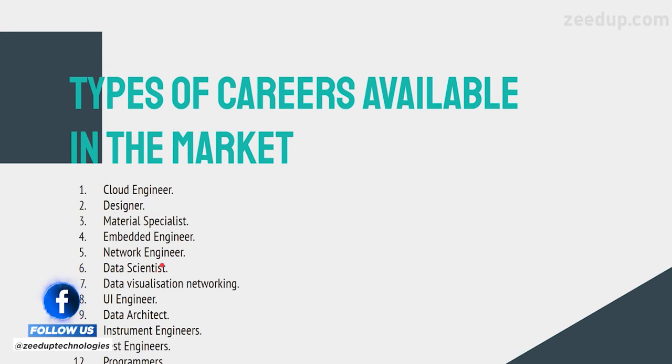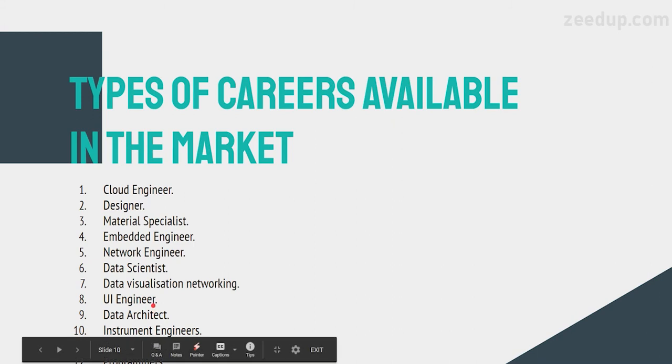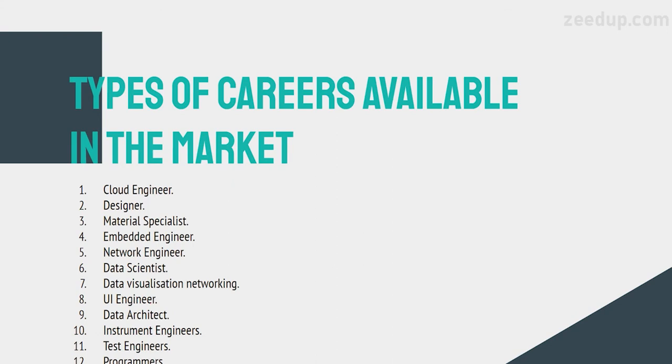And data scientists help in analyzing the collected data using in-memory computing or batch processing and converting it into useful information. And data visualization, the task of these profiles is to present the information in a visual manner to make it more understandable. UI engineering, which means user interface engineering, these people help design an easy and interactive user interface for the IoT devices.